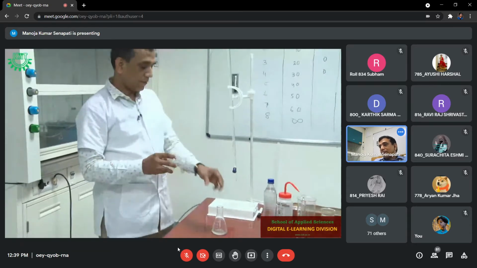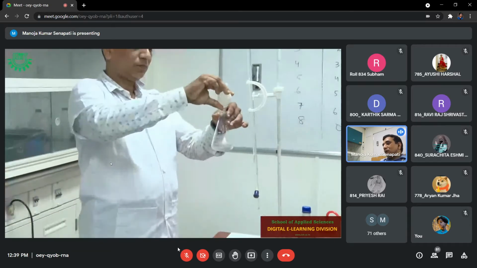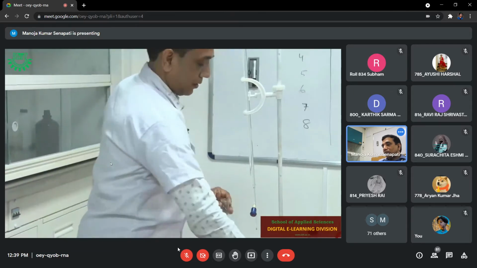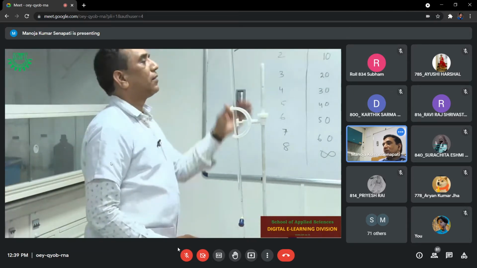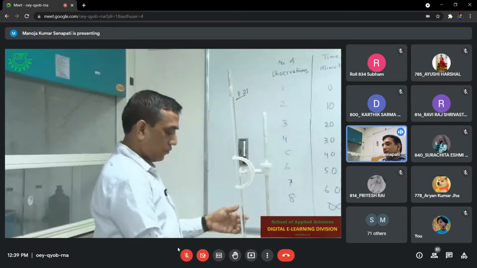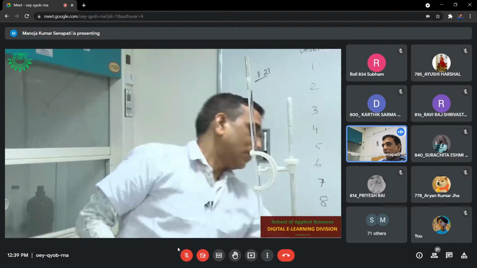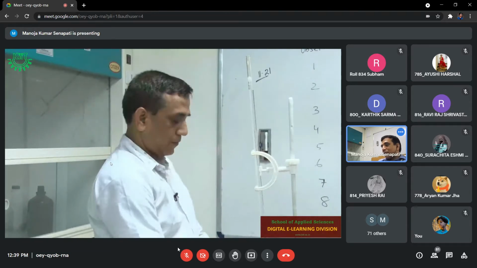Now phenolphthalein, and again you continue the titration from 0. So definitely for this observation the volume of sodium hydroxide required will be more than the previous observation.